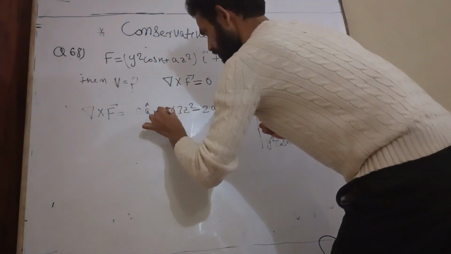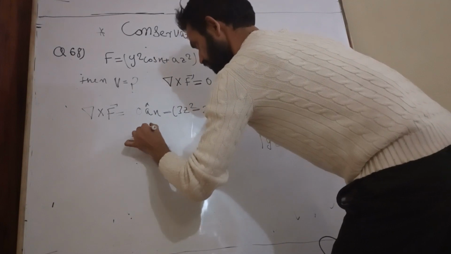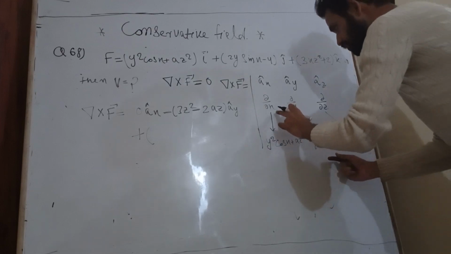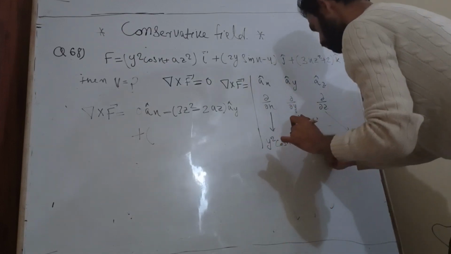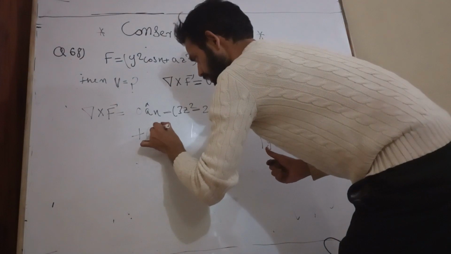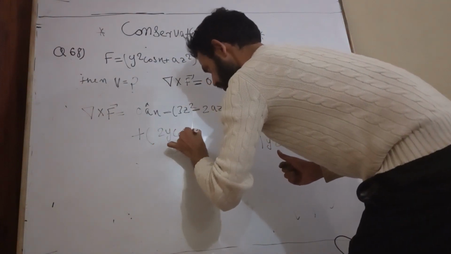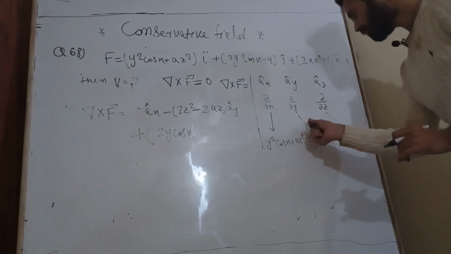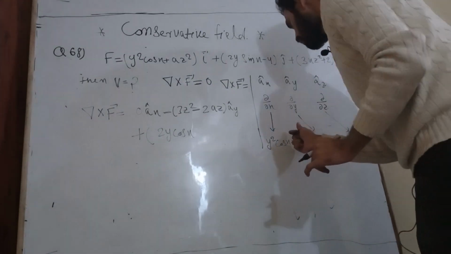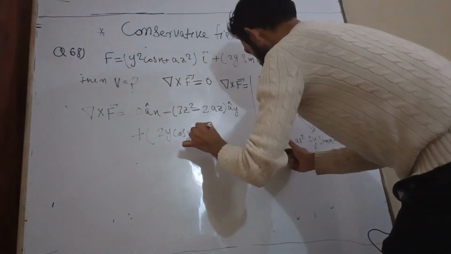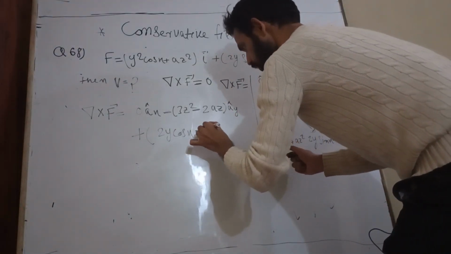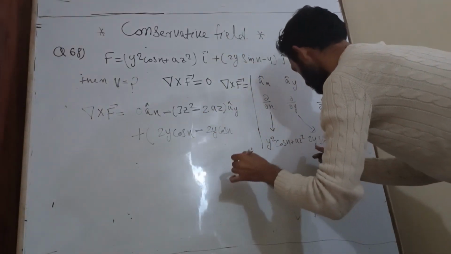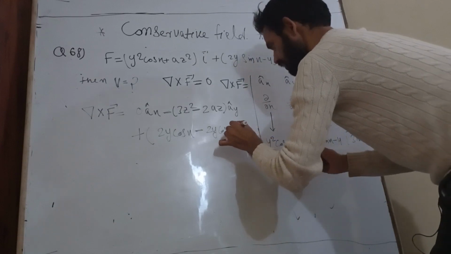Now plus dou by dou x of 2y sin x, it is also a function of x, so it will come 2y cos x, and the constant is 0, minus dou by dou y of y square cos x plus a z square, so it will come minus 2y cos x, and the z square term is 0.